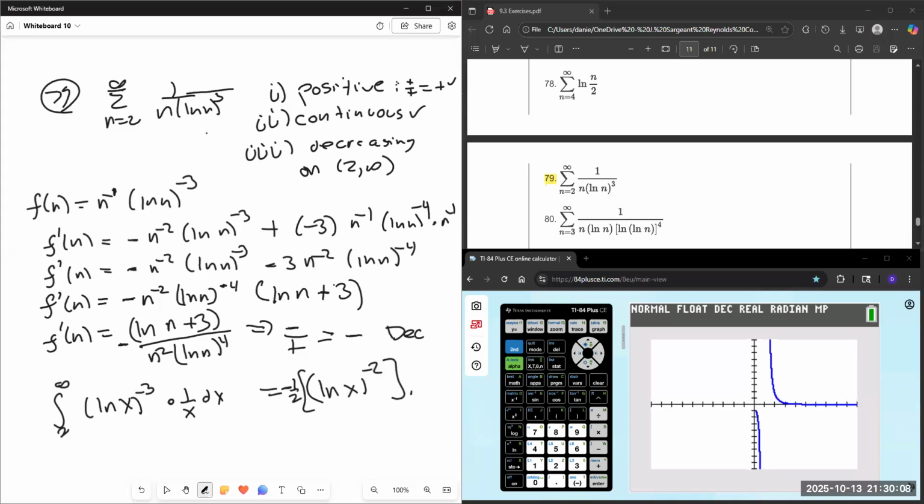And then this from 2 to infinity will be infinity to the negative second, that'll go to 0. But 0 plus 1/2 times ln of 2 to the negative second is 1 over 2 ln of 2 squared. So this converges by the integral test.